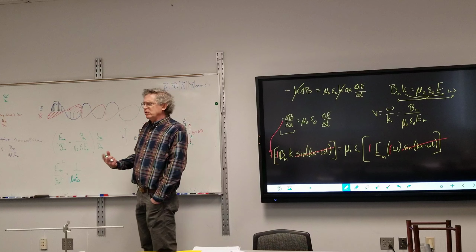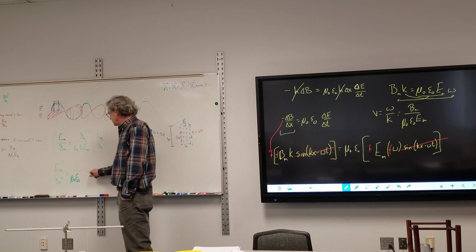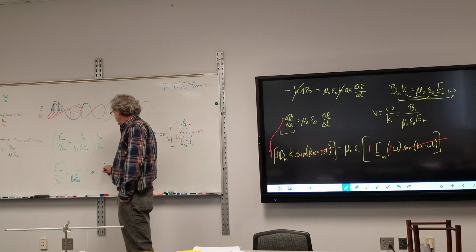If I take the square root of both sides, I get E_m over B_m equals the square root of 1 over mu sub naught, epsilon sub naught, or equally 1 over the square root of mu sub naught, epsilon sub naught, whichever one you fancy.